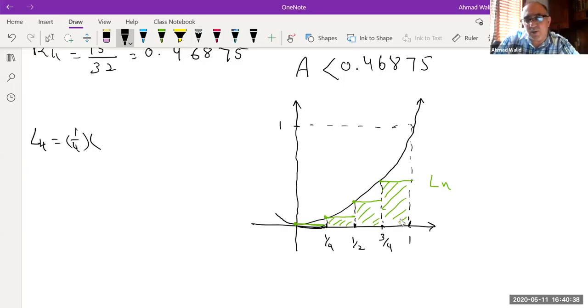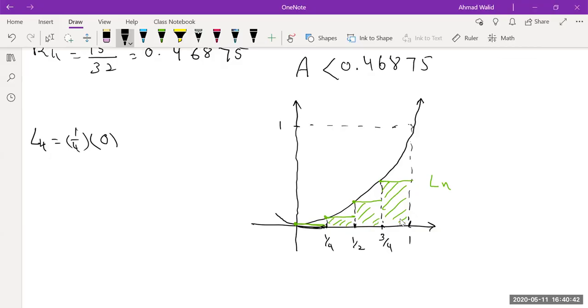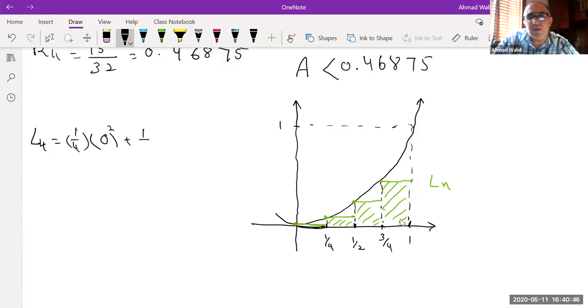You see, you don't even have a height for the first one. It's 0. 0 plus, again, 1/4 times, now, how much is this height from here to here? 1/2 squared. Plus 1/4 times, how much is this height? 3/4 squared.